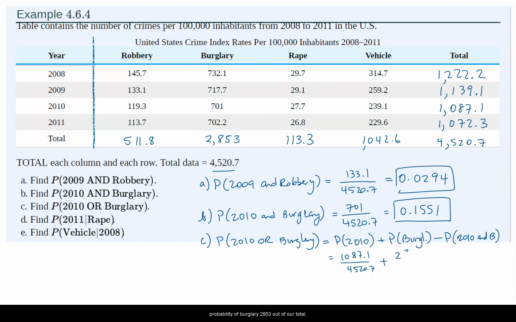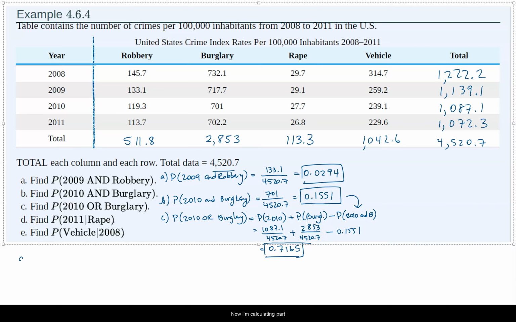Probability of burglary, 2,853 out of our total. And then we're subtracting off the same value that we found above, 0.1551, or 701 over 4,520.7. And when we calculate that, we end up with 0.7165 for our probability of 2010 or burglary.